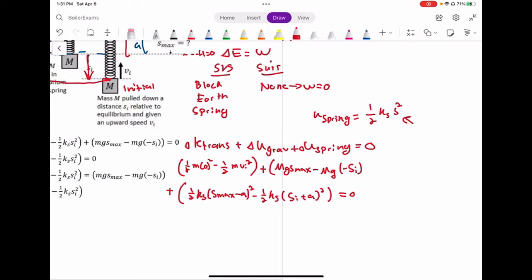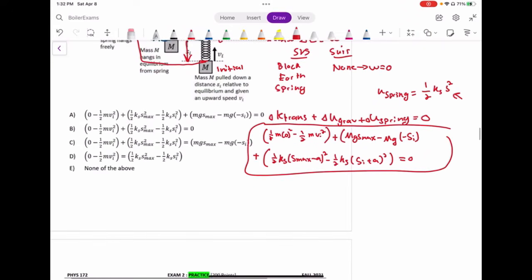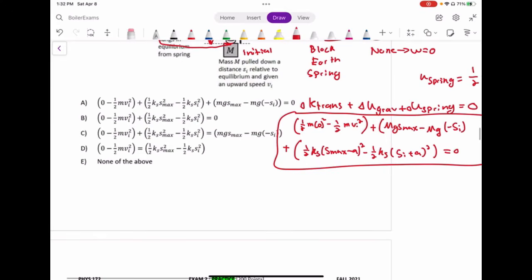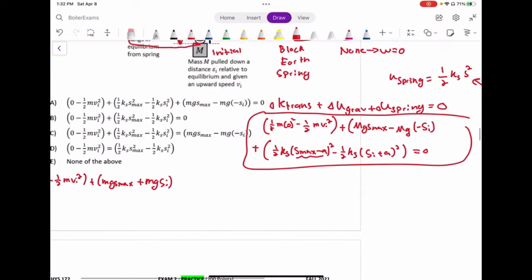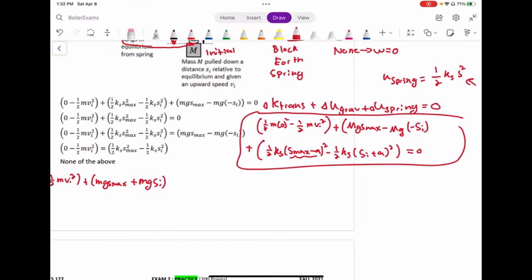Let's see if we can do some simplifications. So this is our equation that we're going to start simplifying. First one, that's just going to turn into, I always like this, 0 minus half m vi squared plus m g s max plus m g si. Okay, and then I'm going to solve for these little binomials here.